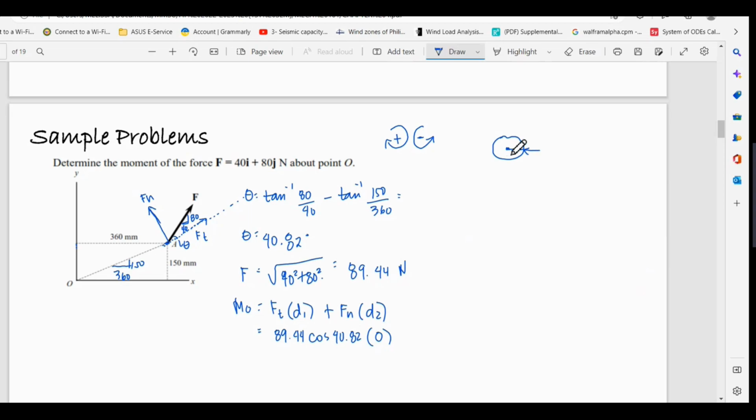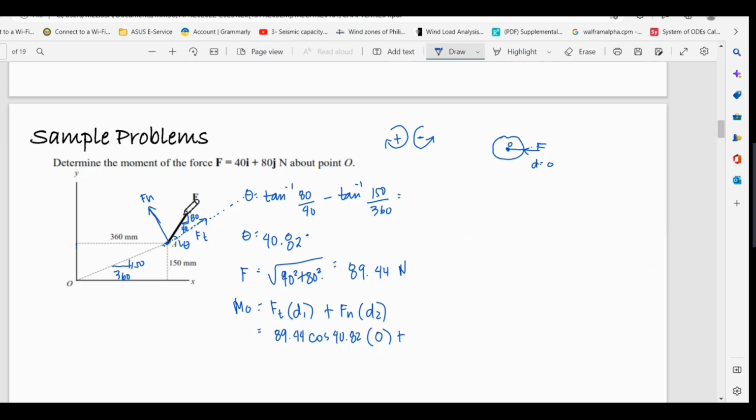Mismo dito, magka-same line of action yung ating force tsaka yung ating point O. So, ano ngayon yung magiging distance that is perpendicular to our point O? Di ba wala? There is no distance perpendicular to our point O. Therefore, the distance is equal to 0. So, hindi tayo makakapag-create ngayon ng moment. Okay? Kasi wala tayong distance. Same principle dito.